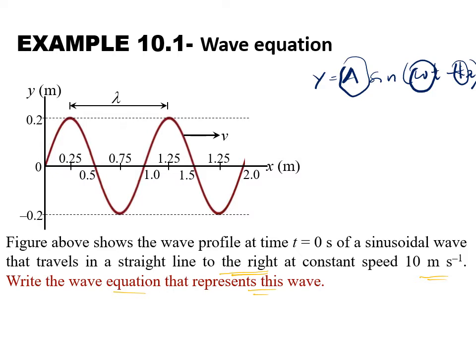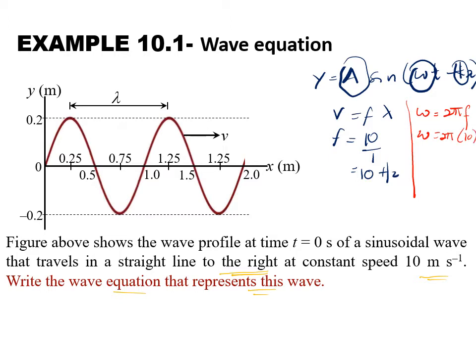To get the frequency, we can use the equation v equals f lambda. F equals v divided by lambda, which is 10 divided by 1, so you will get 10 hertz. And omega you can simply get from omega equals 2 pi f. Omega equals 2 pi times 10, so the angular velocity is 20 pi radians per second.